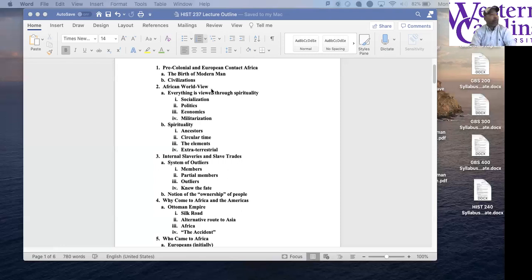Politics, viewed through the lenses of spirituality. How leadership is established in the community, in the culture, in the society, that is viewed through the lenses of spirituality.